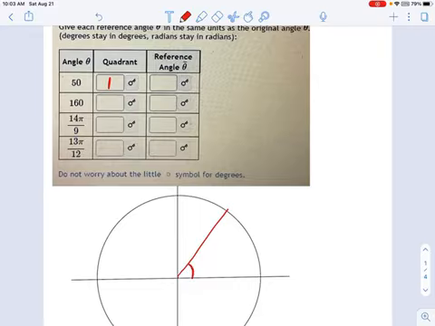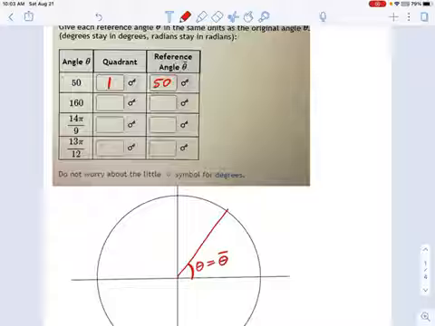So that's this right here. There's my reference angle. And you're going to say, hey, wait a minute, I thought that was just theta. Well, in quadrant 1, the reference angle is theta. They're the same thing. So for this one, it's easy. We would just say 50 degrees. And you don't need to put that little degree symbol in there. That's not important.